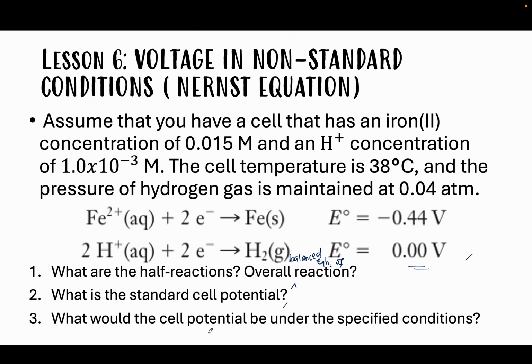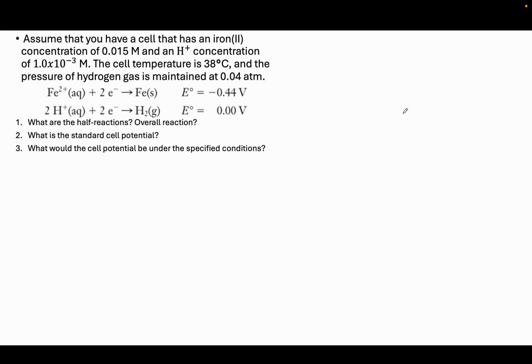And 3, what would the cell potential be under the specified conditions? So this time we'll be able to get the specified cell potential using this data, wherein you're given concentration of the solutions and partial pressure of hydrogen gas as well as temperature. So let's start.